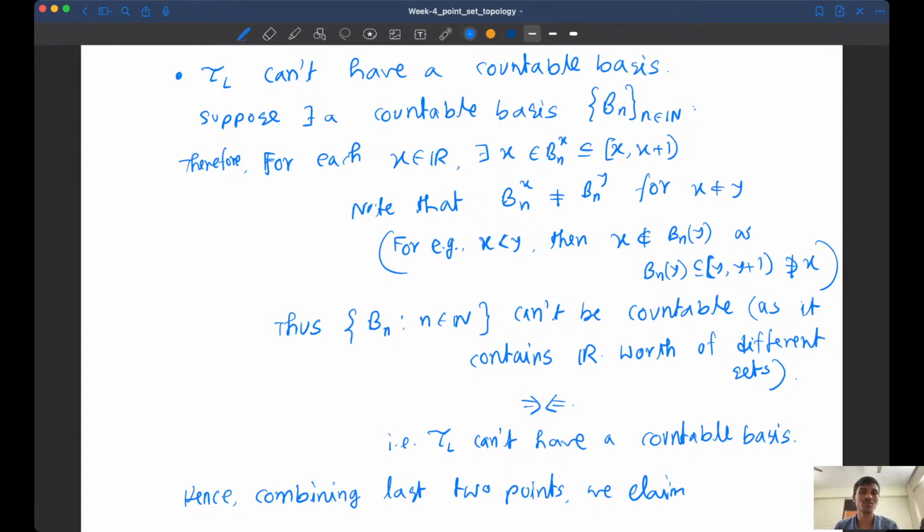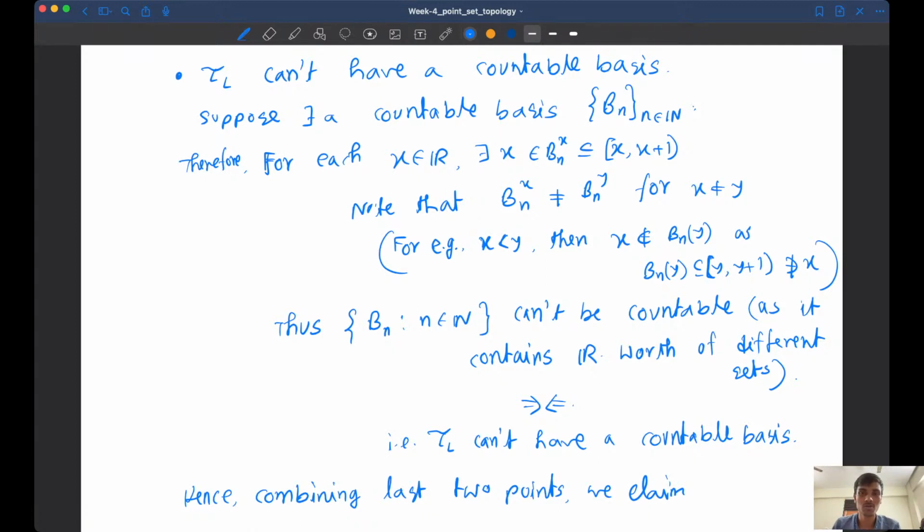So the basis cannot be countable, right? Those Bnx are actually coming from this collection only, because I'm assuming it is a basis. From the basis property, I'm saying that for each x there should exist an element of that basis contained in this particular type of set, because they contain x and are open sets.